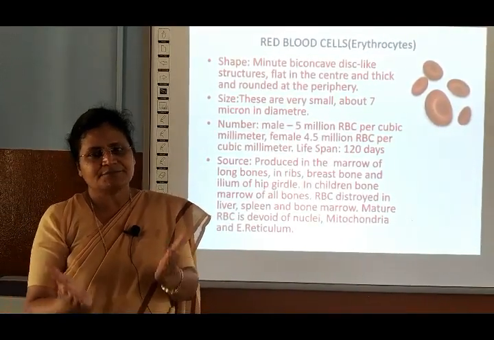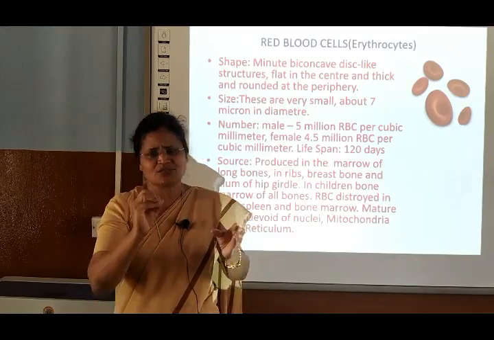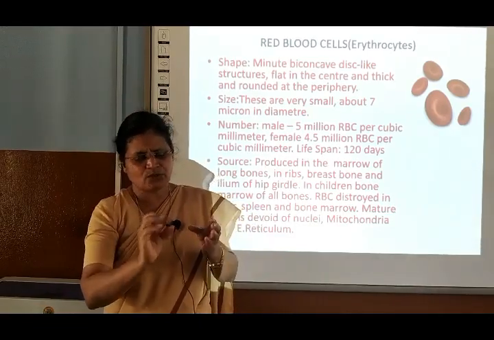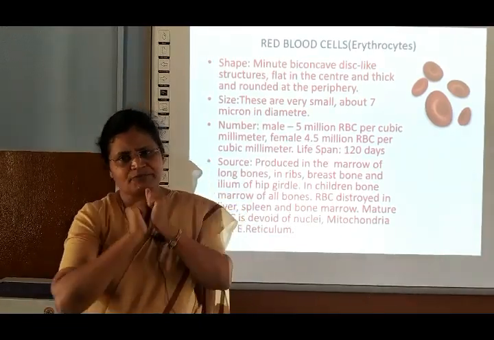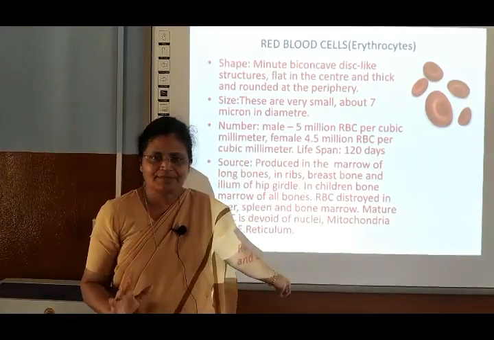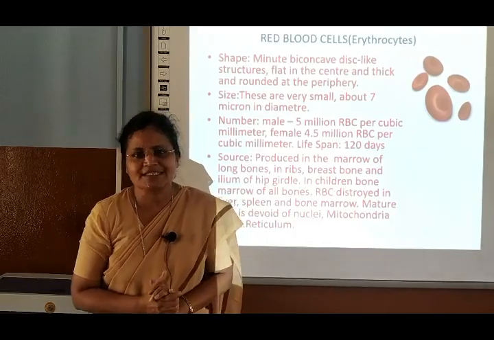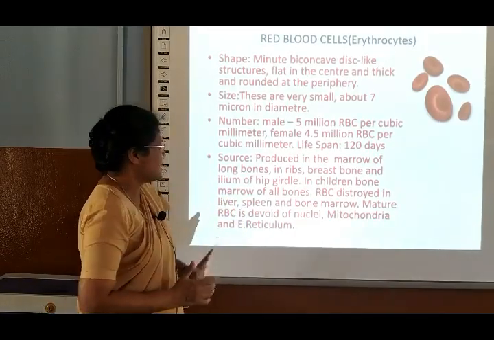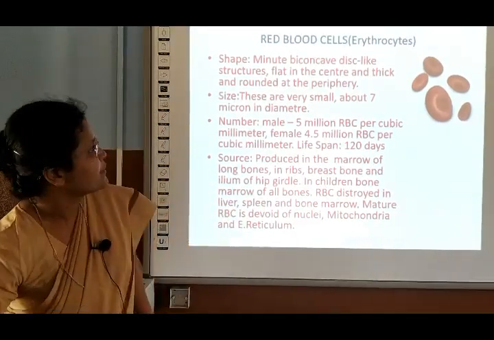So because there is no mitochondria, there is no use of oxygen. Oxygen is available for others. Endoplasmic reticulum and nucleus are absent to provide more space. Okay. So, that is about the RBC.